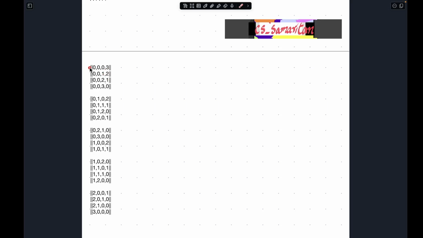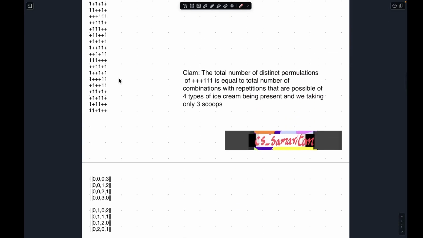Their sum is always equal to your 3, the number of slots, the number of scoops that you are taking out, right?